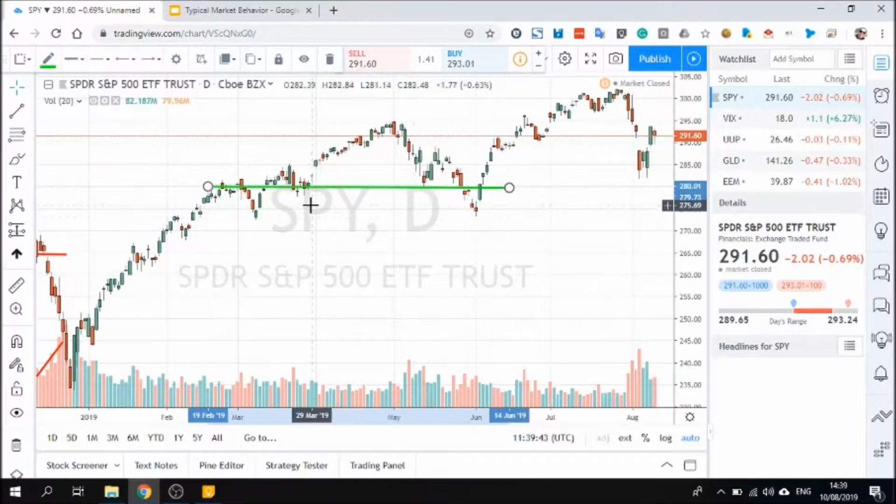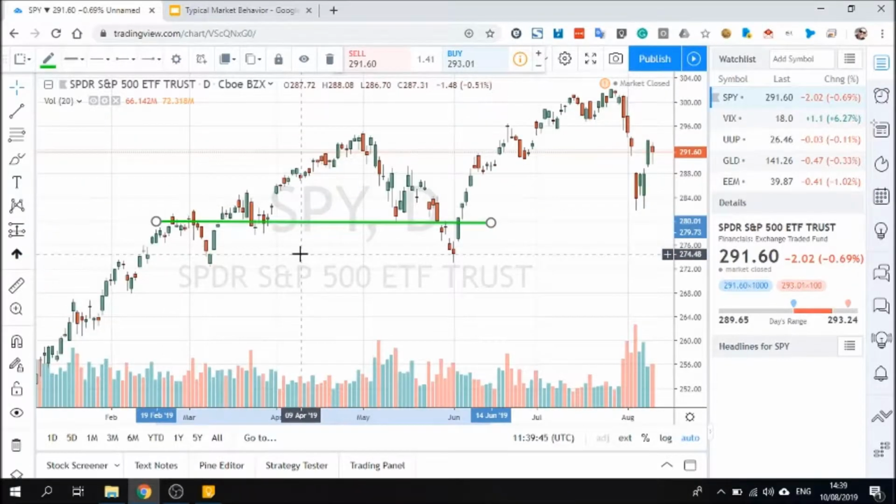Now that's really not exact science, and 280 is not 280.11035. You get my drift. It's a zone, it's an area of the 280. It can be at 275, it can be 285, but it's an area. It's not an exact determined price level.